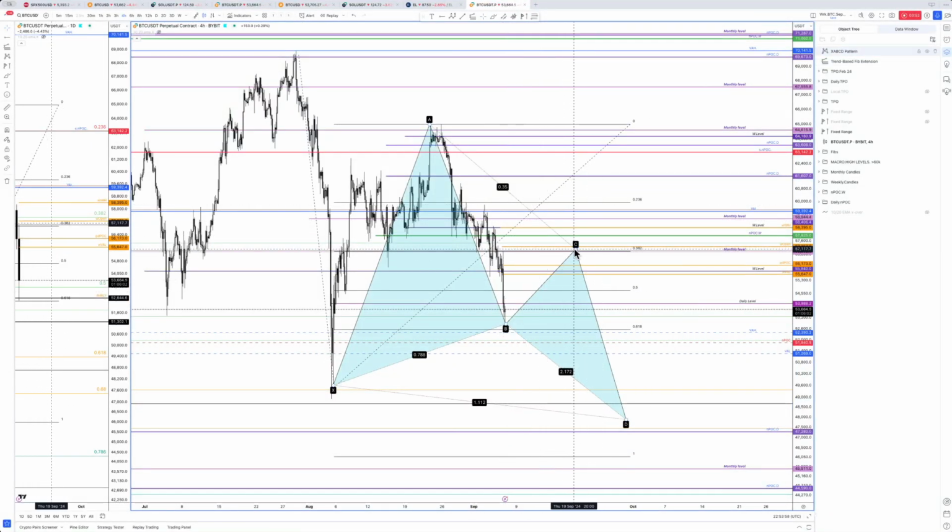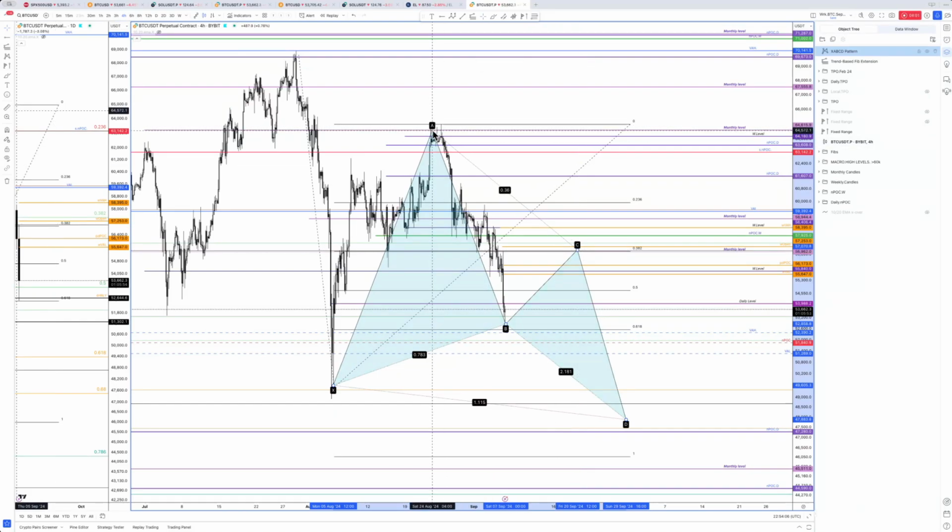Therefore, we're looking for this level up, the 382, but it's relatively close enough. If we take out the wicks, you can see this is coming towards the golden ratio as well, the 382. Close enough. The monthly levels there, weekly profiles opening there. There's a whole bunch of stuff that this is going to be a strong resistance as well.